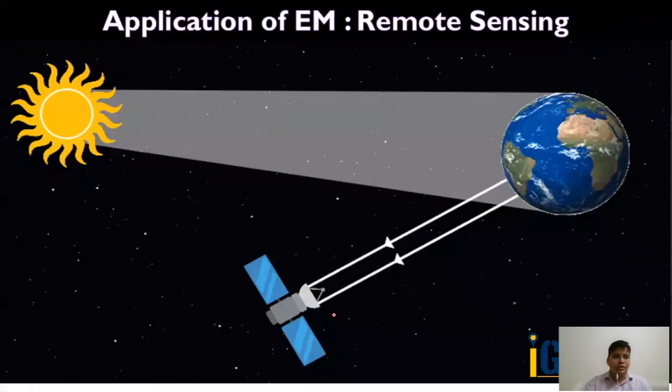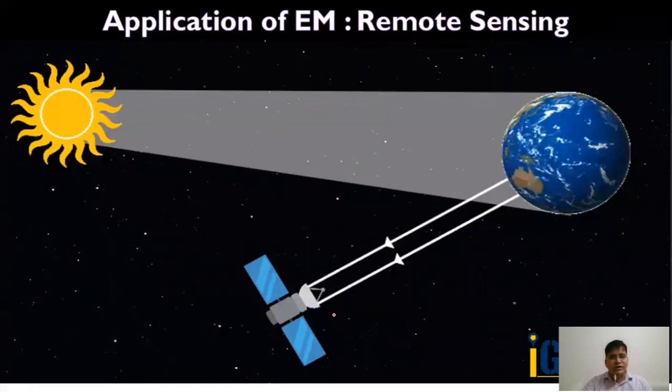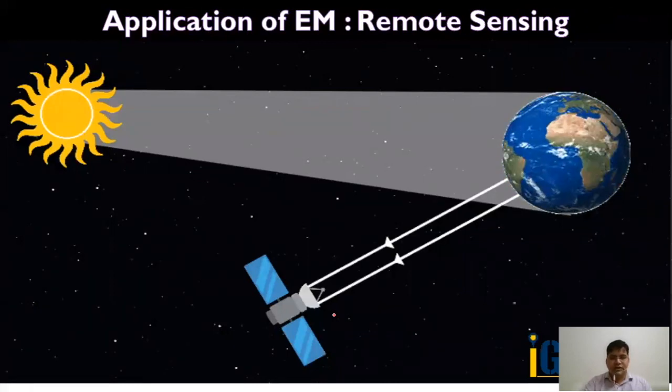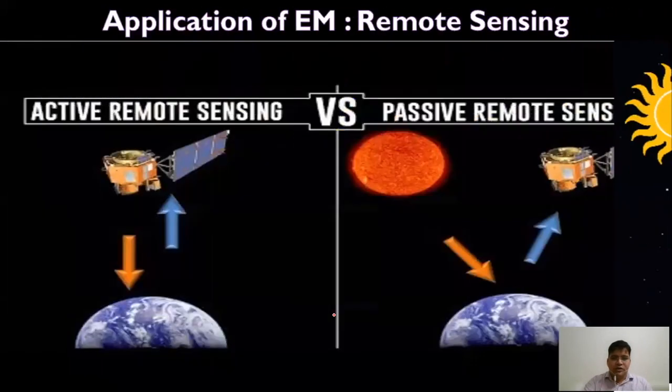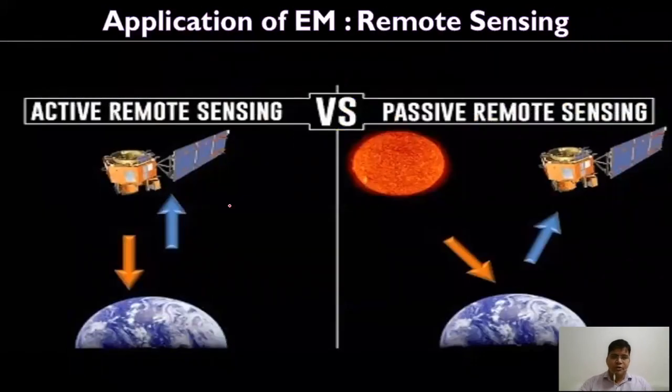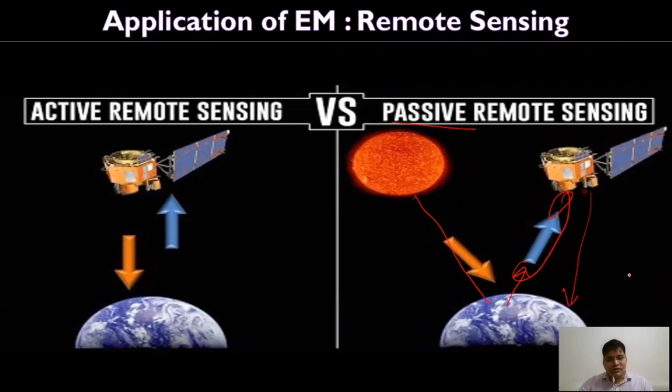One more type of remote sensing is there. The sun is there, and its satellite is being played. So majorly there are two types of remote sensing. One is active remote sensing, and the second one is passive remote sensing. In passive remote sensing, sunlight goes there, and then electromagnetic field is radiated, and it is sensed by the satellite, and then the related information is sent back to the earth station.